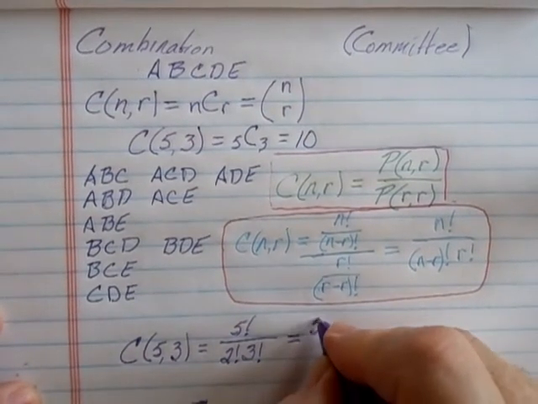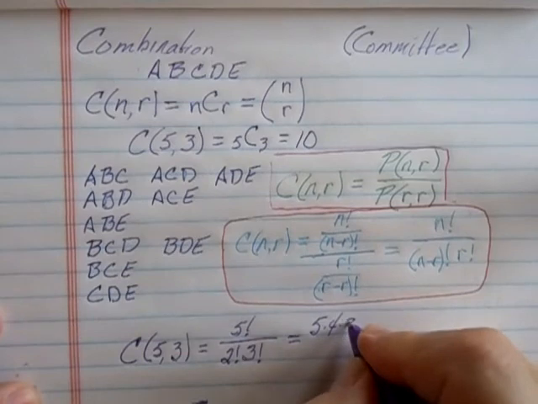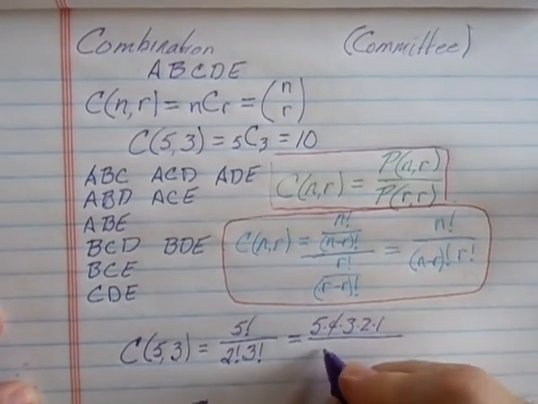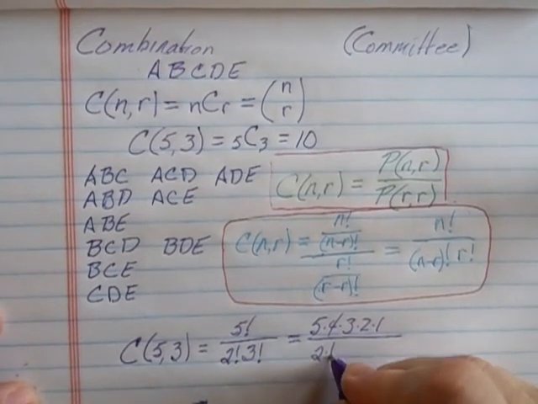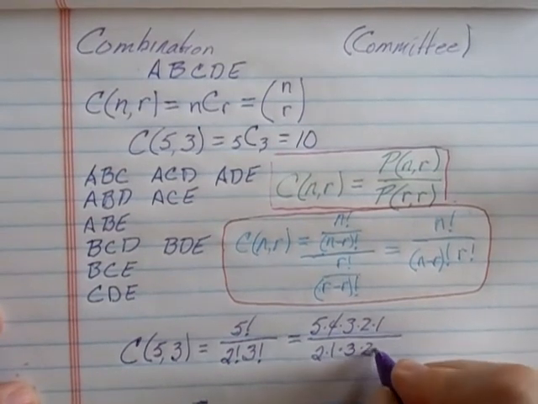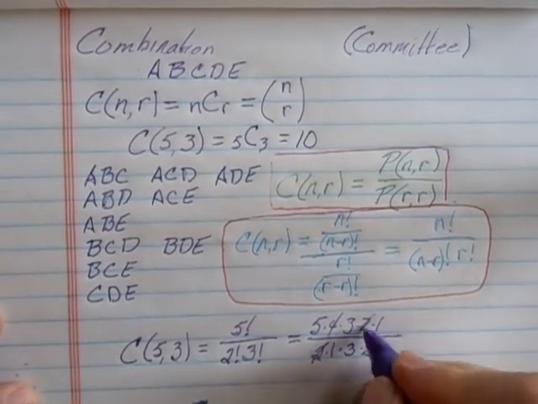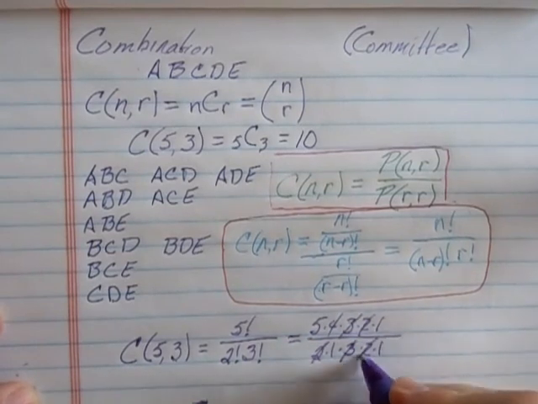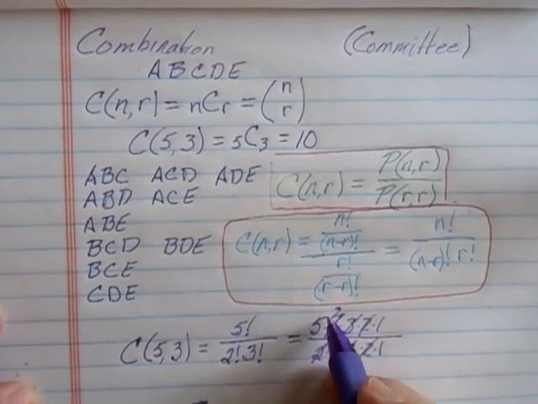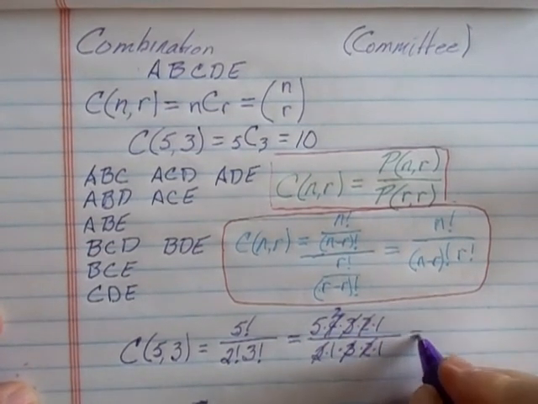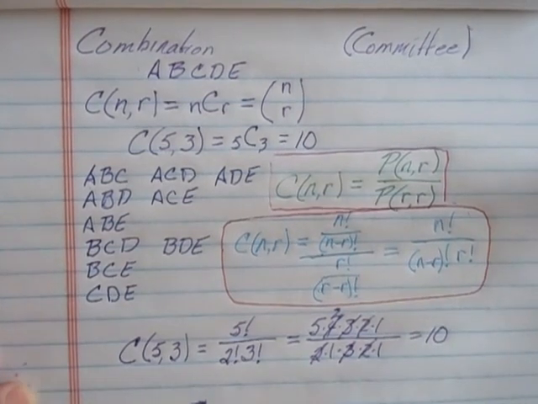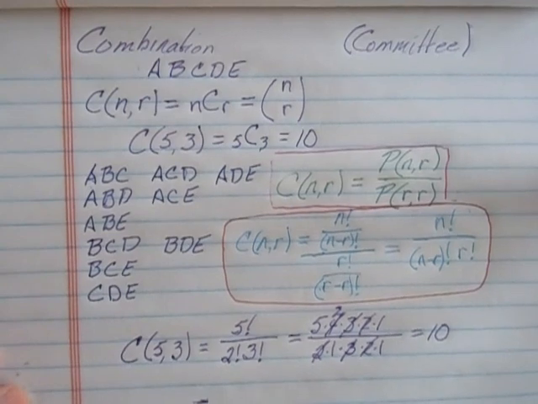Calculating that real quickly, that's a 5 times a 4 times a 3 times a 2 times a 1. That's the definition of 5 factorial. 2 factorial is a 2 times a 1, and a 3 factorial is a 3 times a 2 times a 1. So those 2's cancel, those 3's cancel, this 2 will cancel one of those and make it a 2. We've got a 5 times 2 times 1 on top, that's a 10, and a 1 on the bottom, that is 10. It's counting up those 10 committees that we could choose from there.